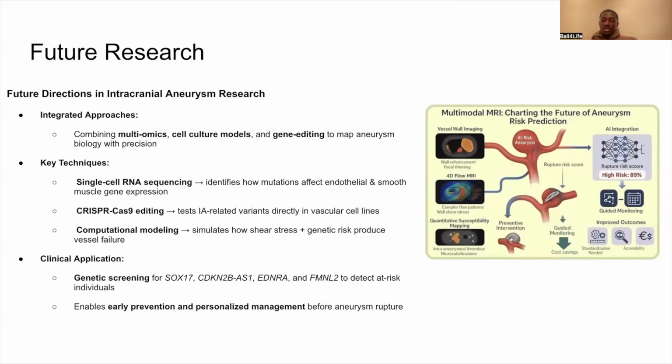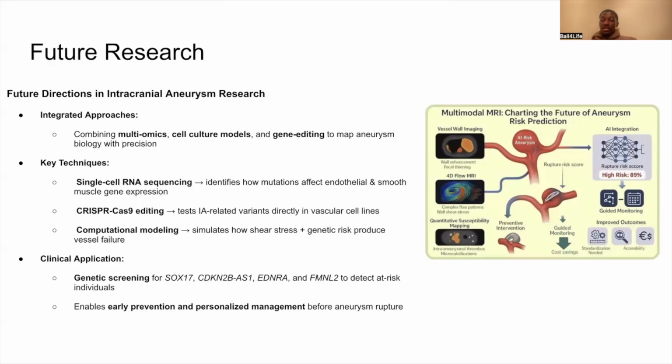Single-cell RNA sequencing can identify how specific mutations alter endothelial and smooth muscle transcriptomes. CRISPR gene editing allows direct testing of IA-associated variants in vascular cell lines, and computational modeling of shear stress and flow dynamics can help simulate how genetic vulnerabilities translate into structural failure.